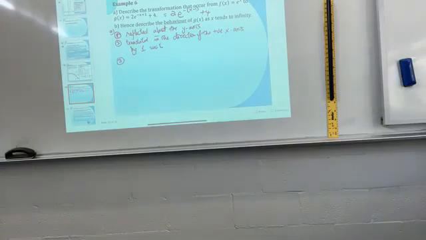Is there a dilation factor for y? Yes. So dilate parallel to the y-axis by a factor of 2. So that affects your y coordinate. And finally, you translate it up or down.